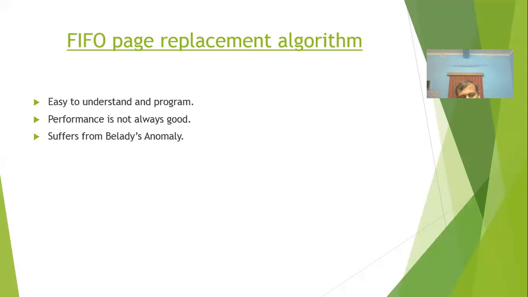This is the problem which is known as Belady's anomaly. That is, whenever we are increasing the number of page frames to a particular process, the page fault rate does not always come down. That is a particular problem, and the FIFO page replacement algorithm is a sufferer of this problem.